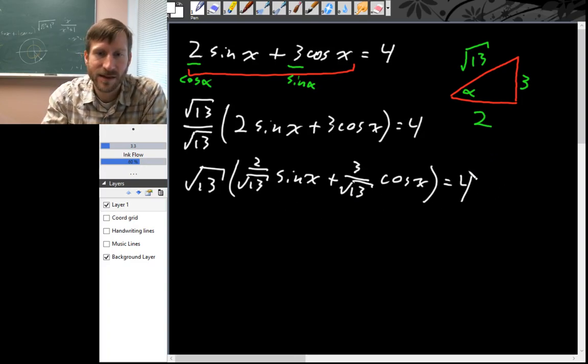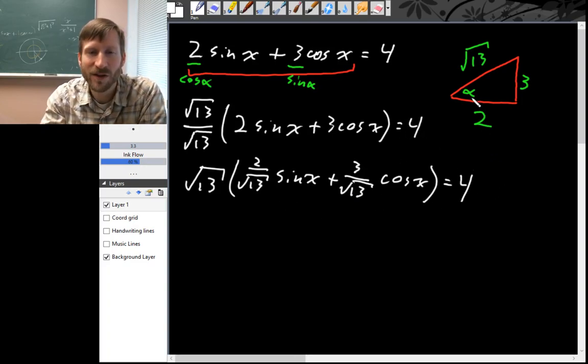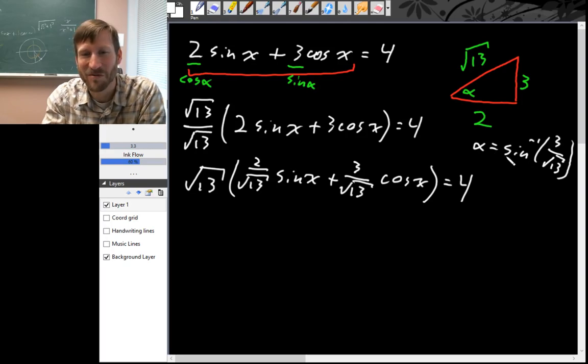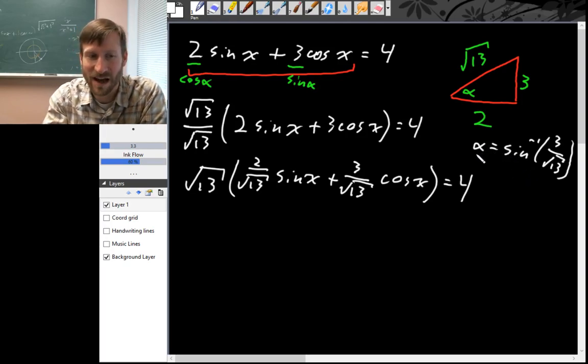And the angle alpha turns out it's just going to be the inverse sine of 3 over root 13. Which is some messy number. I don't really want to write down this messy number over and over again, so I'm just going to call it alpha.